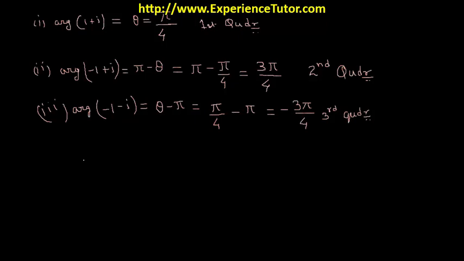The fourth argument will be the argument of 1 minus i, which is equal to minus theta, which is equal to minus pi by 4. This will fall in the fourth quadrant.